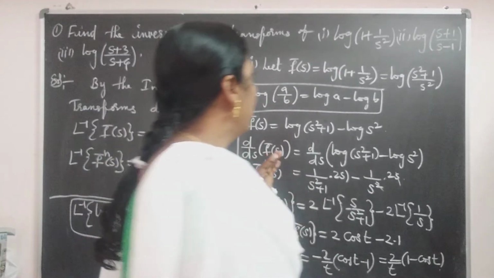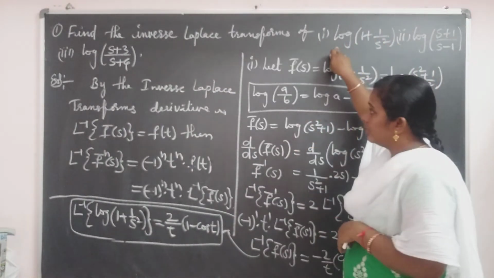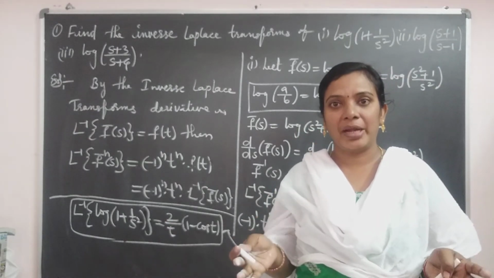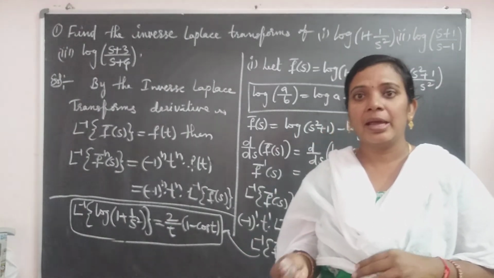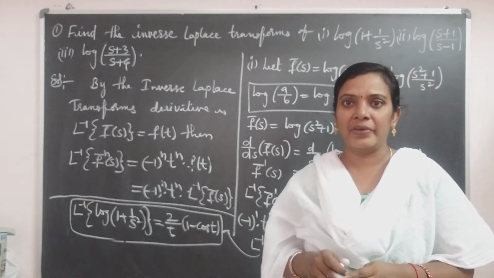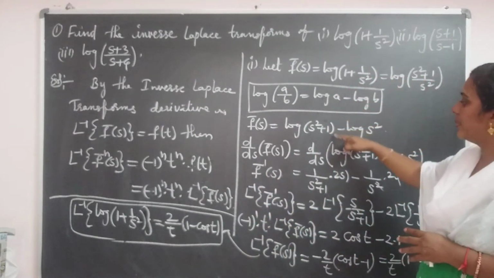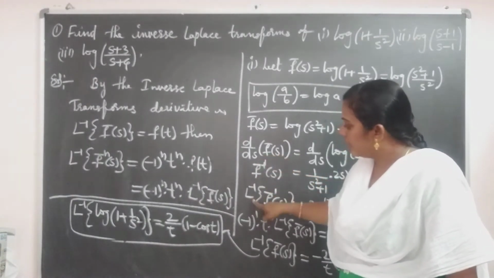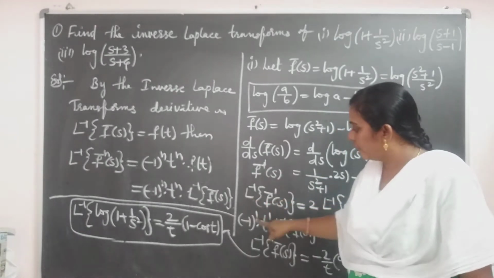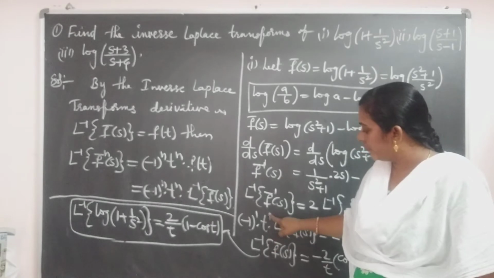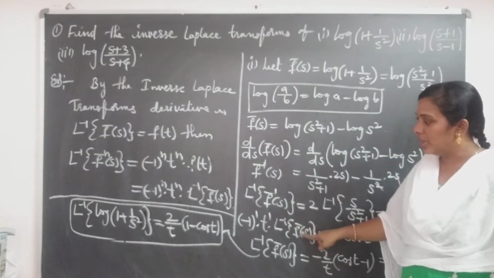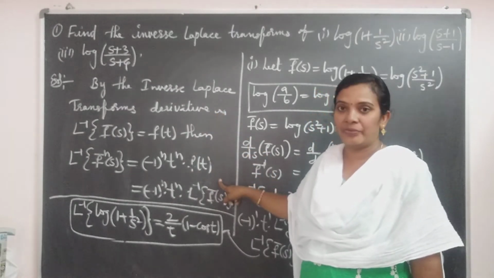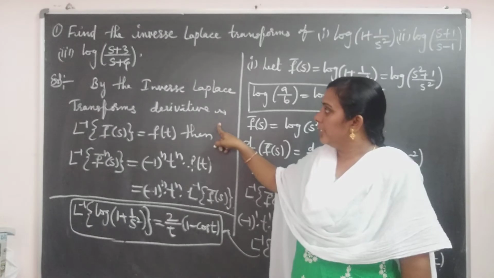Okay. Here the only thing is, if the given problem is in log of a by b, then we can separate the terms as log a minus log b. Next, taking the derivative of the given function and differentiating separately, then applying f bar dash of s inverse Laplace transform is equal to minus 1 whole power 1 t power 1 L inverse of f bar of s, that is by the inverse Laplace transform derivative of the function.